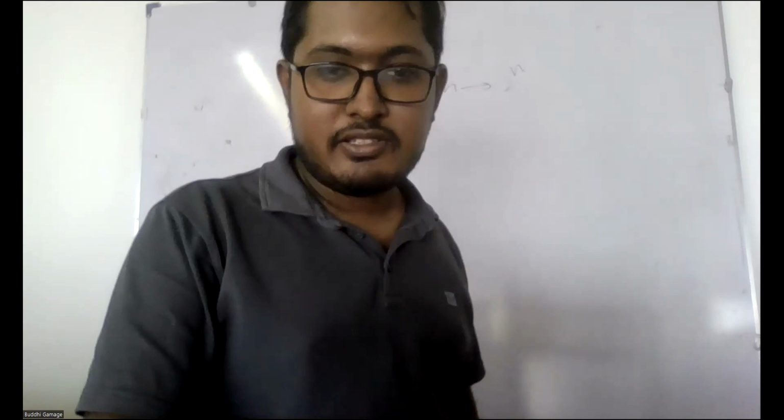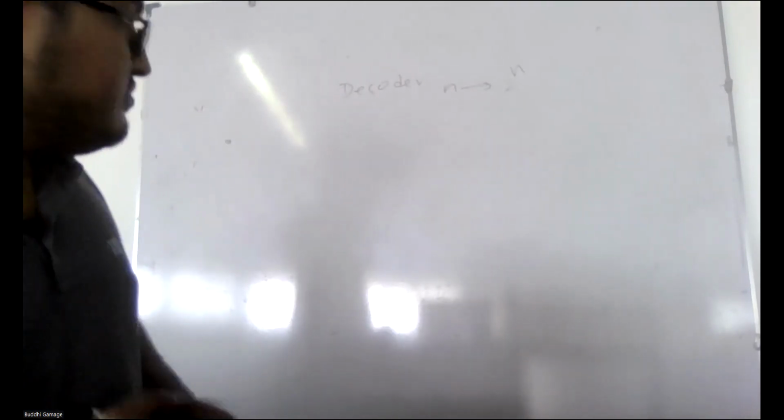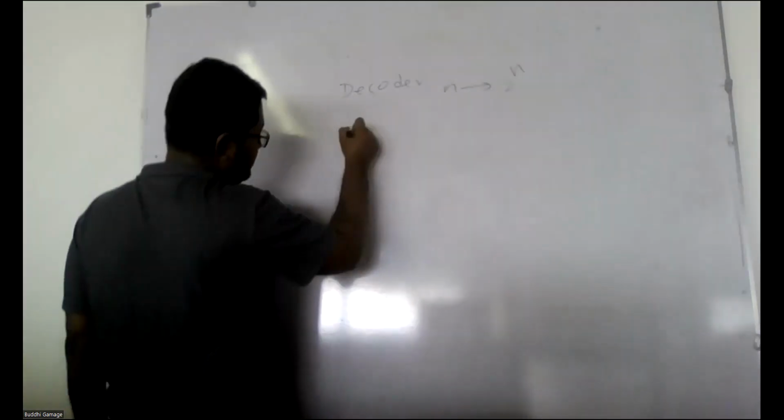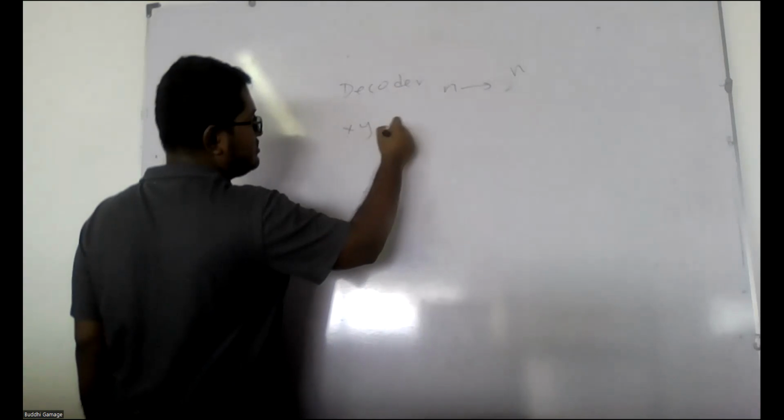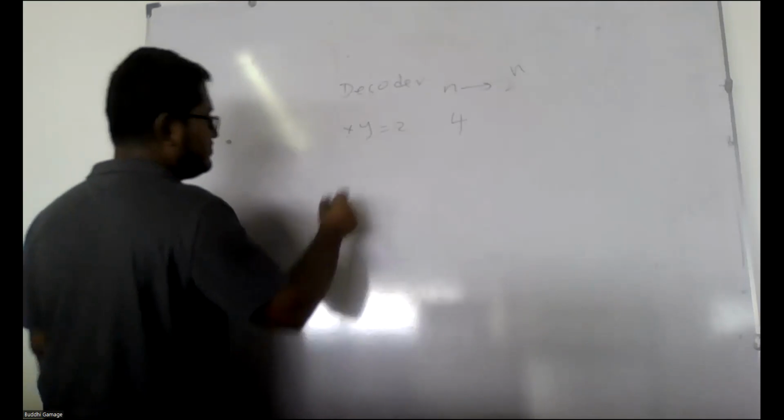So how can you design that decoder? That means there are x, y, two inputs, so there should be four outputs.